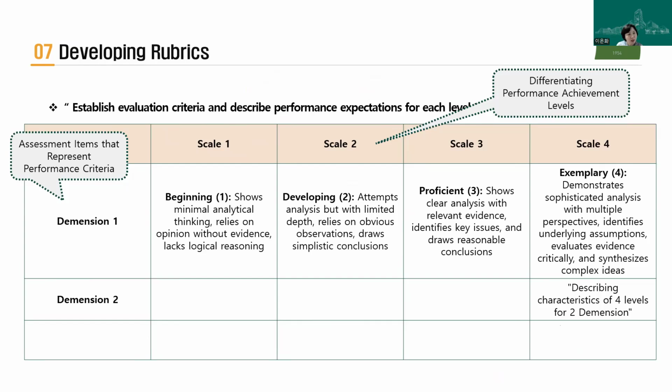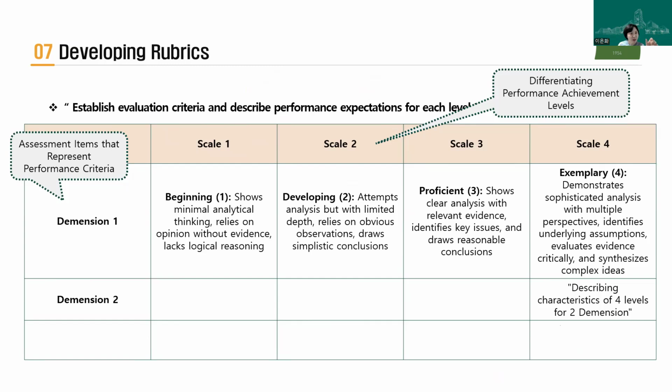Rubrics establish evaluation criteria and describe a performance expectation for each level. The rubric structure has two key components. Assessment items, or dimensions, are listed on the left. These represent performance criteria, breaking down the competency into distinct assessable dimensions.